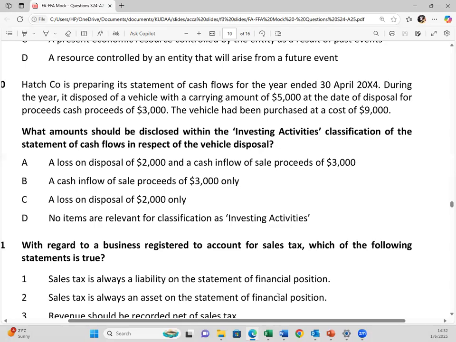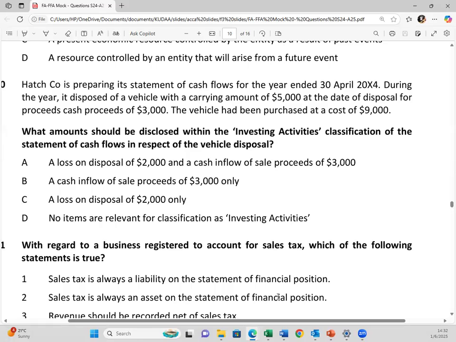What amount should be disclosed within the investing activities classification of the statement of cash flow in respect of the vehicle disposal? So remember, we are looking at what is the cash implication. So we look at the transaction which has an impact on the cash flow and under investing activities.